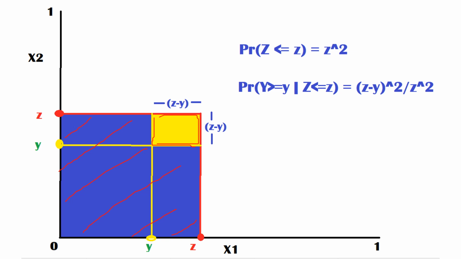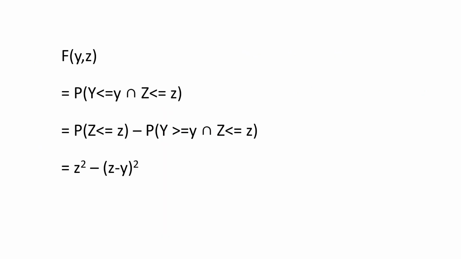So that would be z square minus z minus y whole square. So we now have the joint CDF of y and z equal to z square minus z minus y whole square. We can now differentiate it with respect to y and z to get the joint PDF of y and z.